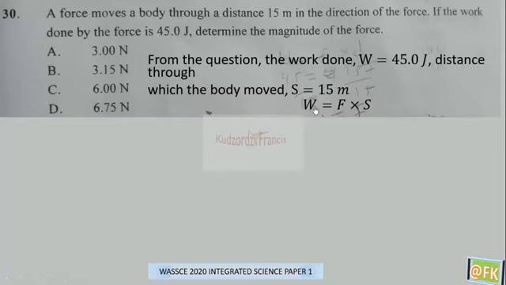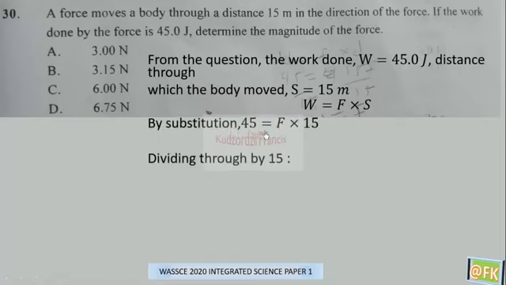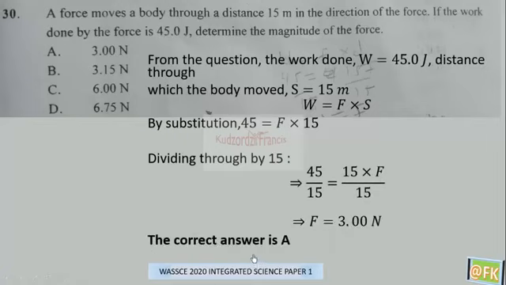So we put those values into this formula and solve for what? F. So 45 is equal to the force by what? 15. So to get the force, we divide through by 15. So F is equal to 3.0 Newton. Hence, the correct answer is A.